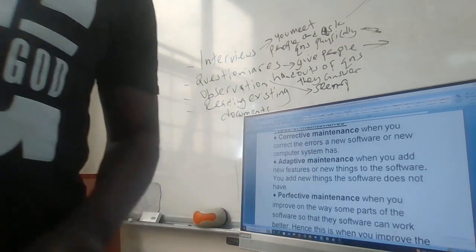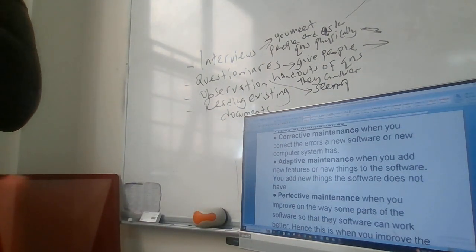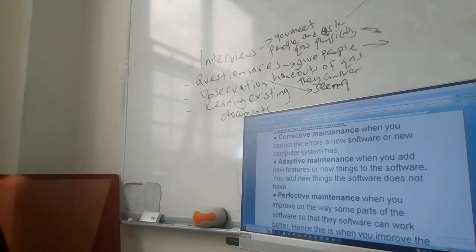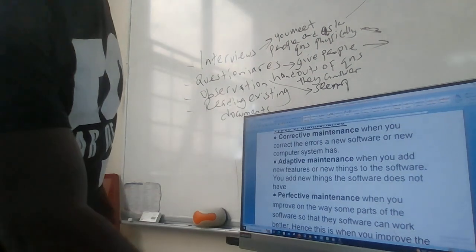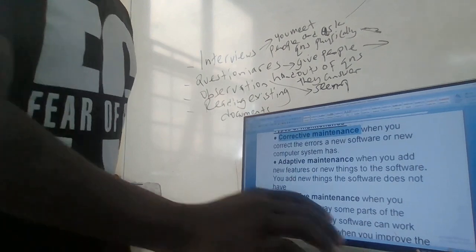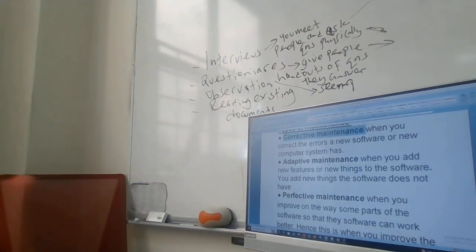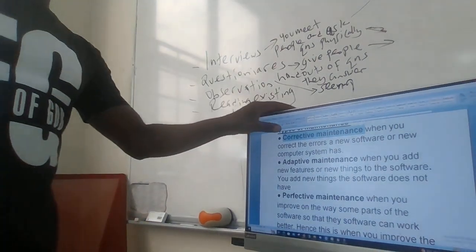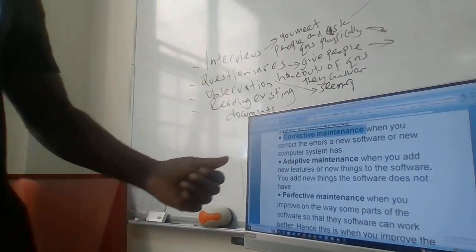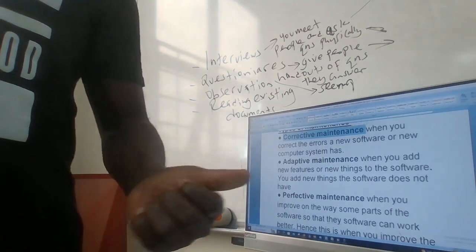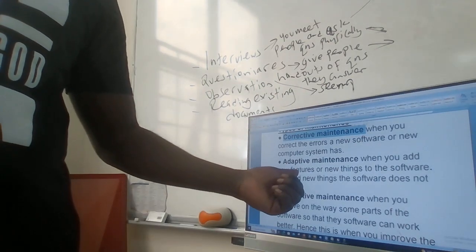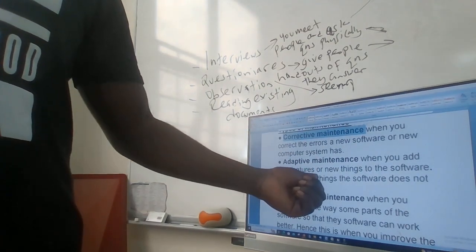One, you remove the errors or you fix the errors. That is one update you do. Fixing errors is called corrective maintenance. Then another update you do is adding new features.